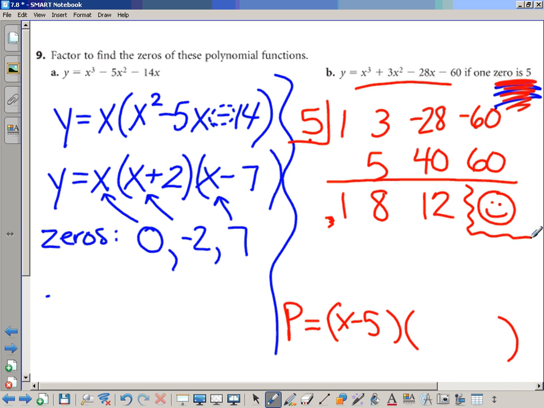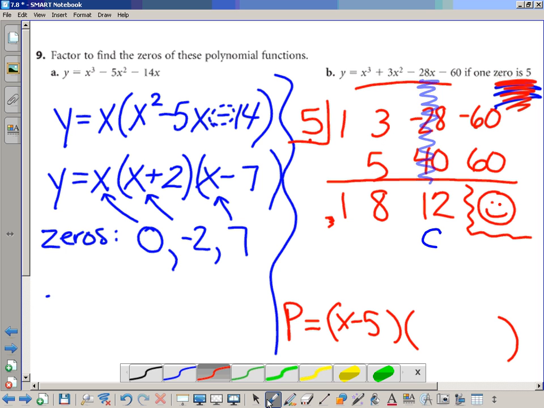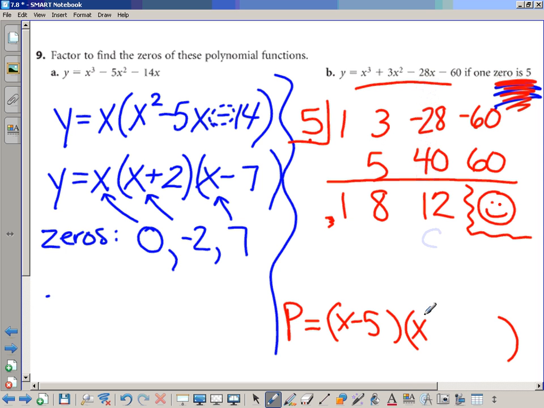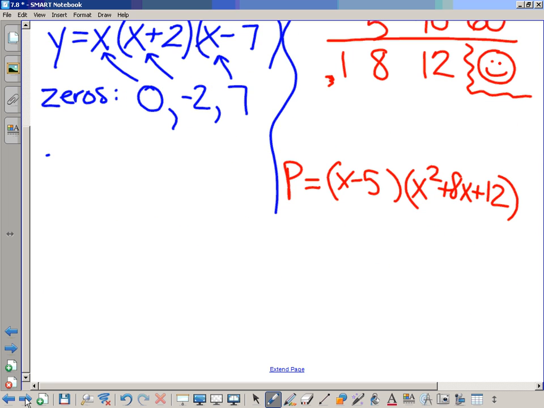That means that this column, which started out as x cubed, now is the x squared. This was x squared. Now it's x. This was the x column, and now it's the constant. So in my other parentheses, I now know that we have 1x squared plus 8x plus 12. Hopefully that helps you factor it completely.